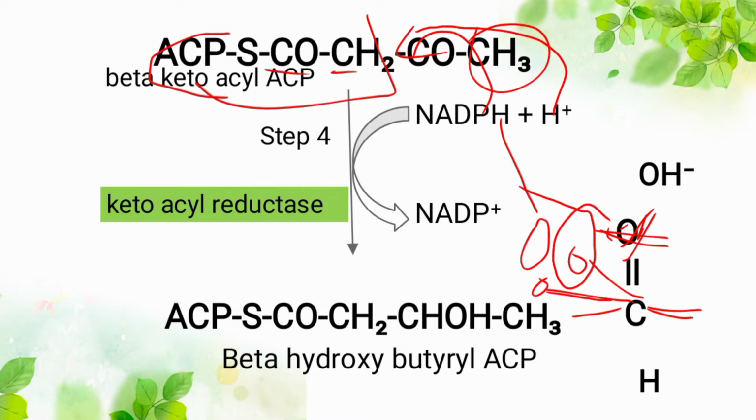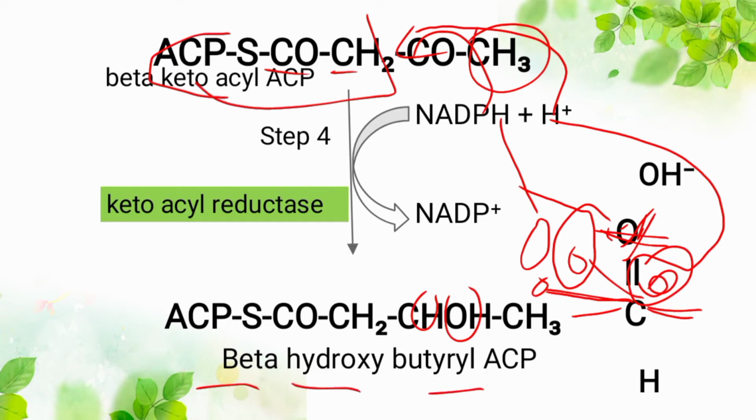Remember this electron here is still bonded to this. But there's a free electron here now. So that means another hydrogen has to come here and bind to this, so that it will be complete. That means you have OH and H. So that's why you see beta hydroxybutyryl ACP.